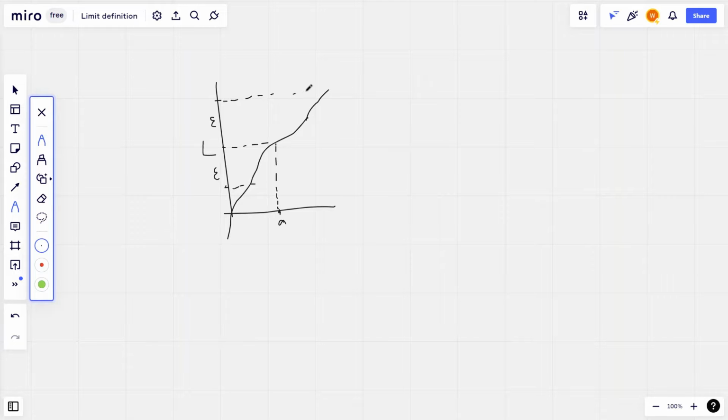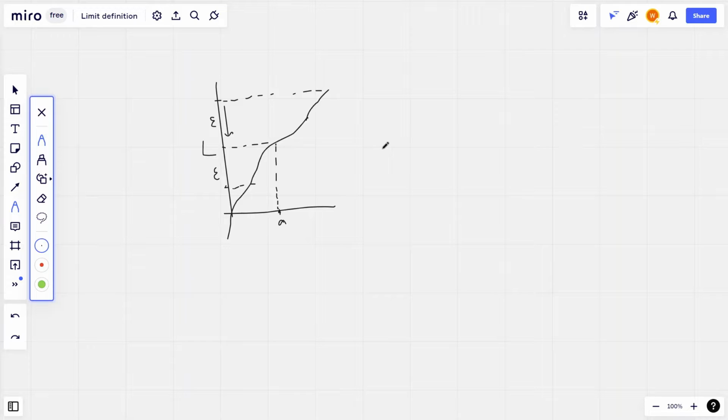Clearly if we keep reducing the size of this epsilon, then eventually we're going to squeeze it in so close to L such that the value of L plus epsilon is going to approximately be the same as L. So we're getting closer and closer to our limit as we decrease our epsilon.